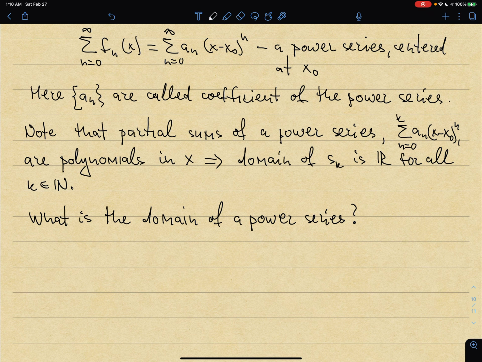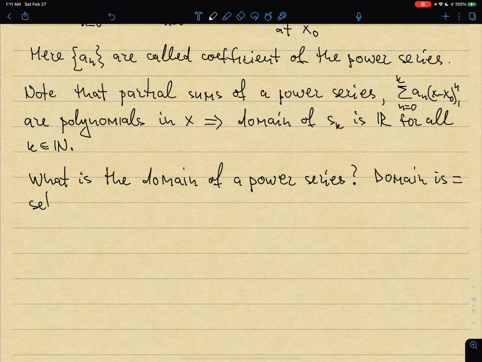So what sort of tools can we use to figure out if the power series converges or not? And again, at this point, I'm discussing pointwise convergence. So the domain of the power series is then equal to the set of all points on the number line where the series converges, right?